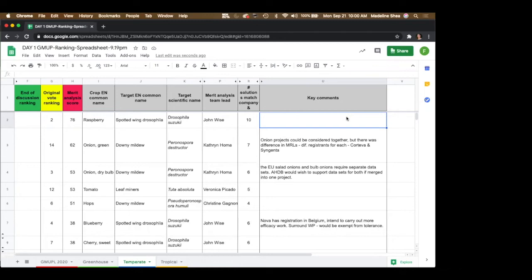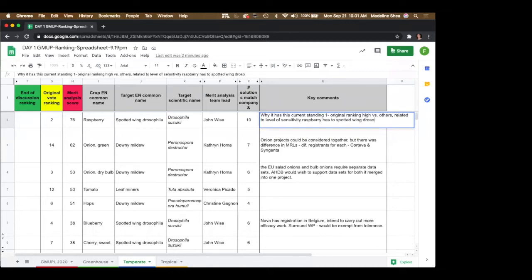Yeah, Dan, thank you for your question. I think there are three reasons why raspberry has received the standing that it has. Number one was that the original ranking was very high compared to others. My sense is that that's related to the level of sensitivity that raspberry has to this pest. If you had a choice test with raspberries and blueberries and cherries and currants all in the same arena, raspberry would be the most infested by that pest.